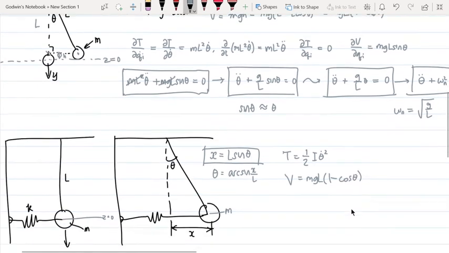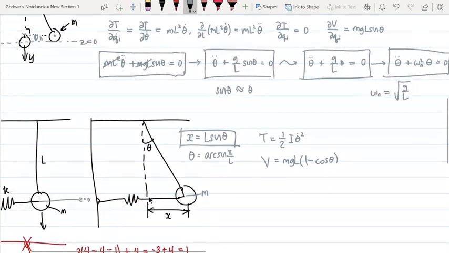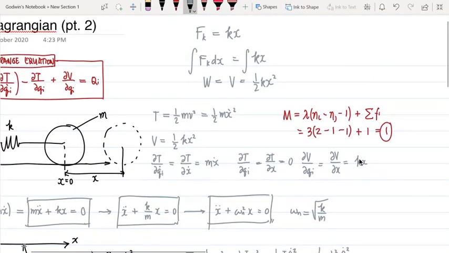Wala namang nag-iba dun sa setup ng pendulum. The only thing that's different now is that this spring is now stuck to our pendulum bob. So we're going to add, what's the potential energy for a spring?